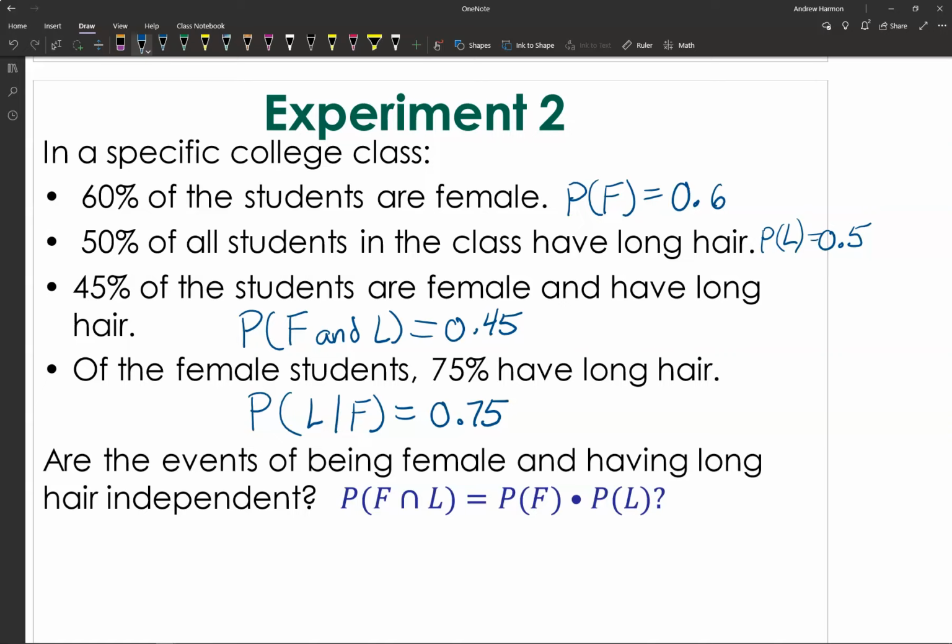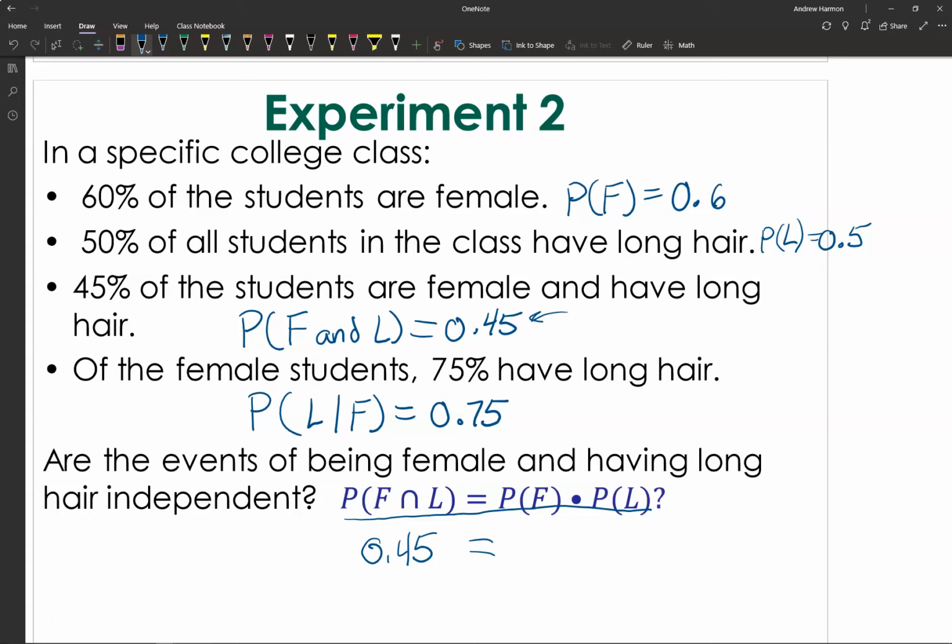All right, so question here is, are these two events independent or dependent of each other? So one way to do this is to use the independent equation that says the probability of F and L, or F intersect L, is equal to the probability of F times the probability of L. So we look at F intersect L, that's going to be that 0.45.